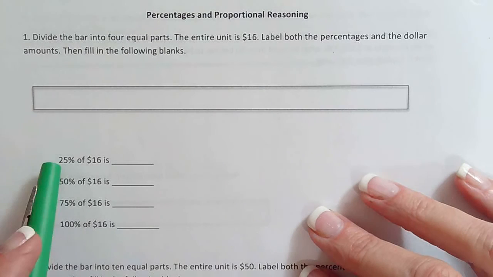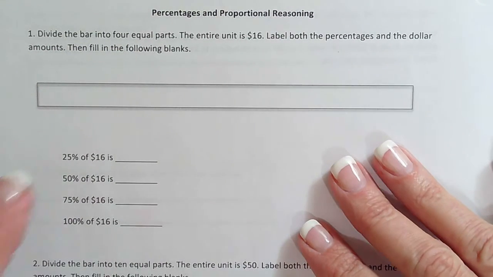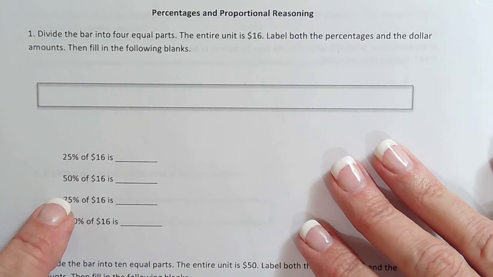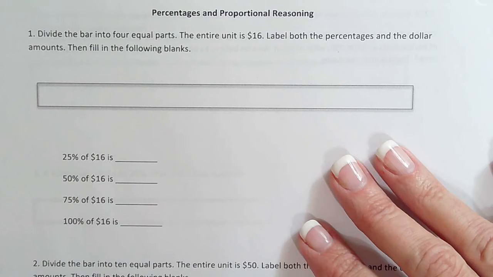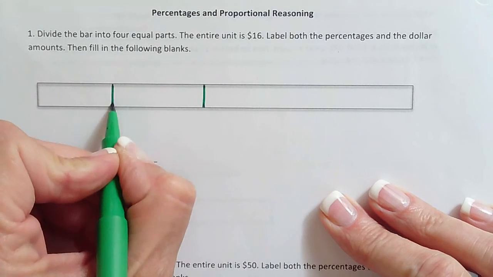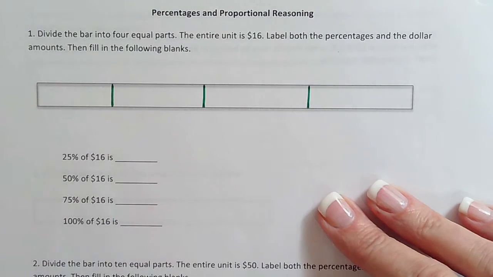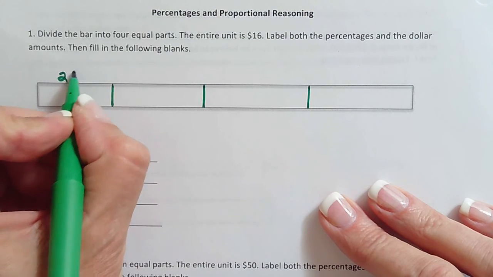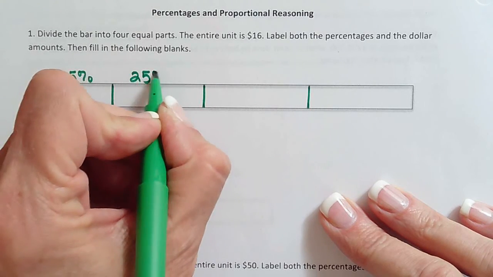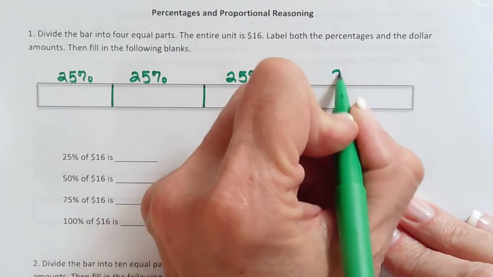So when I look down here, I go, wow, those percents are all multiples of 25. 25 times 1, 25 times 2, 25 times 3, 25 times 4. So that makes me want to divide this into 4 pieces, because this would be 25%, this would be 25%, this would be 25%, and this would be 25%.